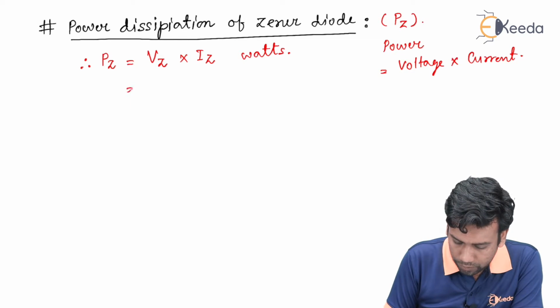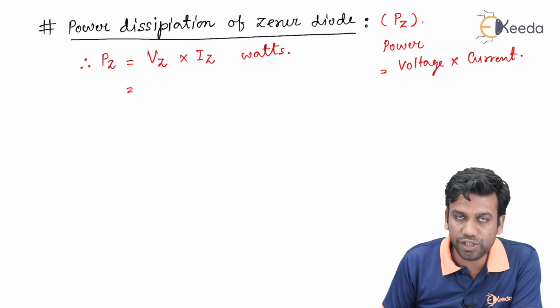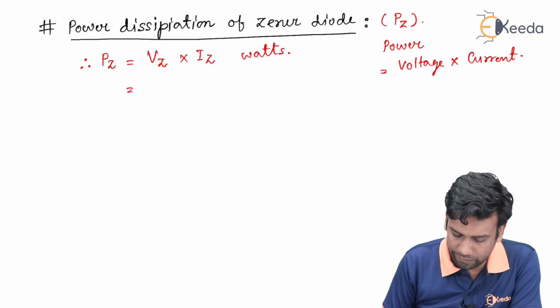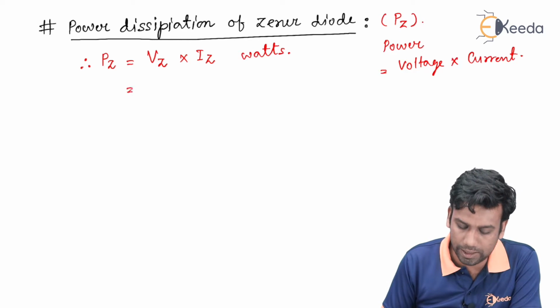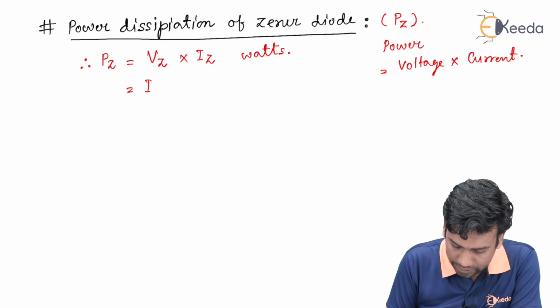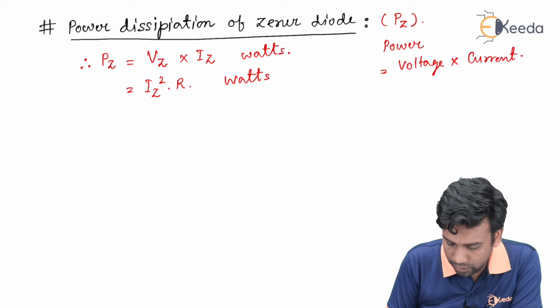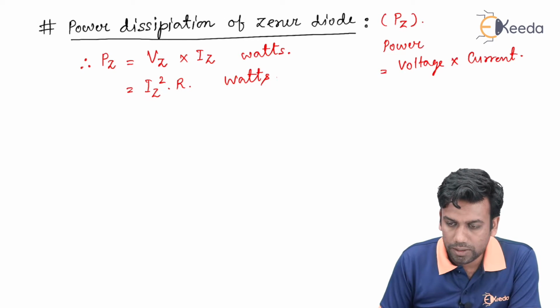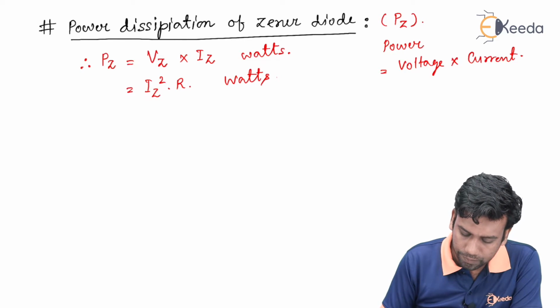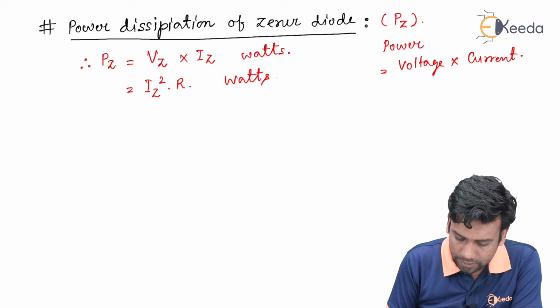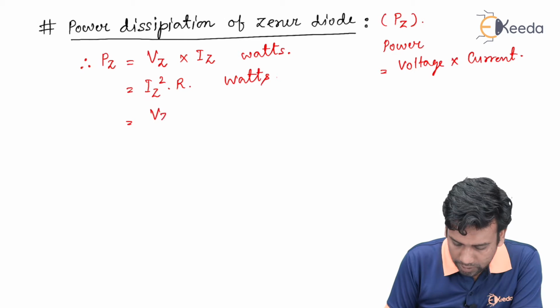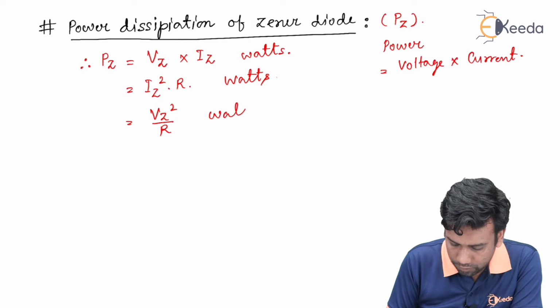Now, we can also represent this Pz, or power dissipation factor, in terms of only current, that is Iz square into the resistance, and the unit will be watts. Similarly, we can also say that it will be Vz square divided by R in watts.